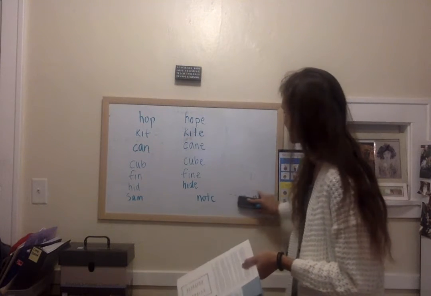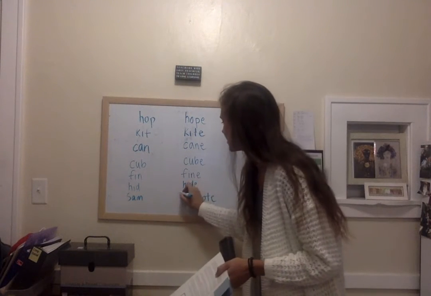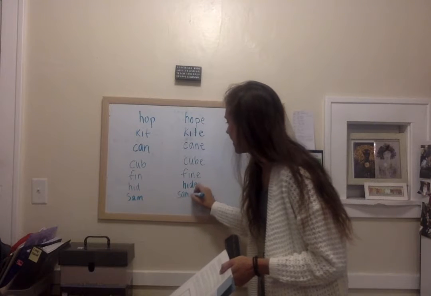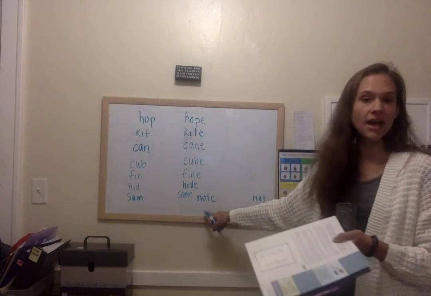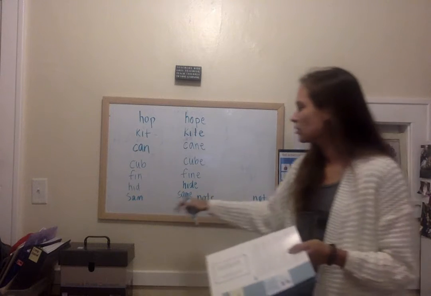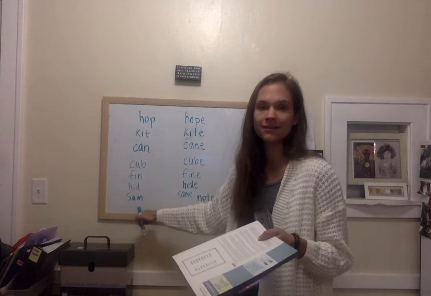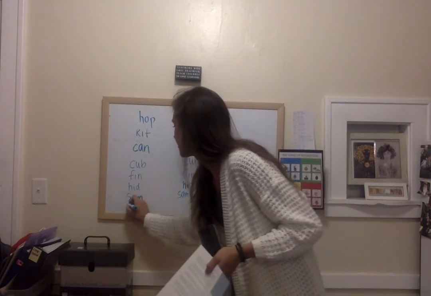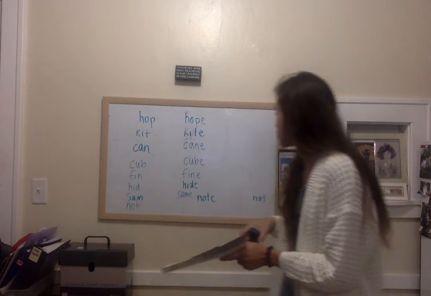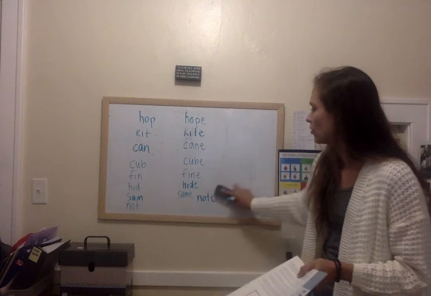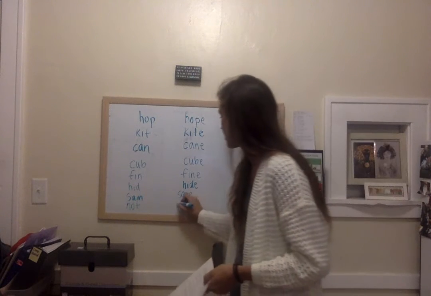Same. Good. And then we have not and we have note. Which word would go here? Not or note? Not. And note would go on this side, right here. Note.